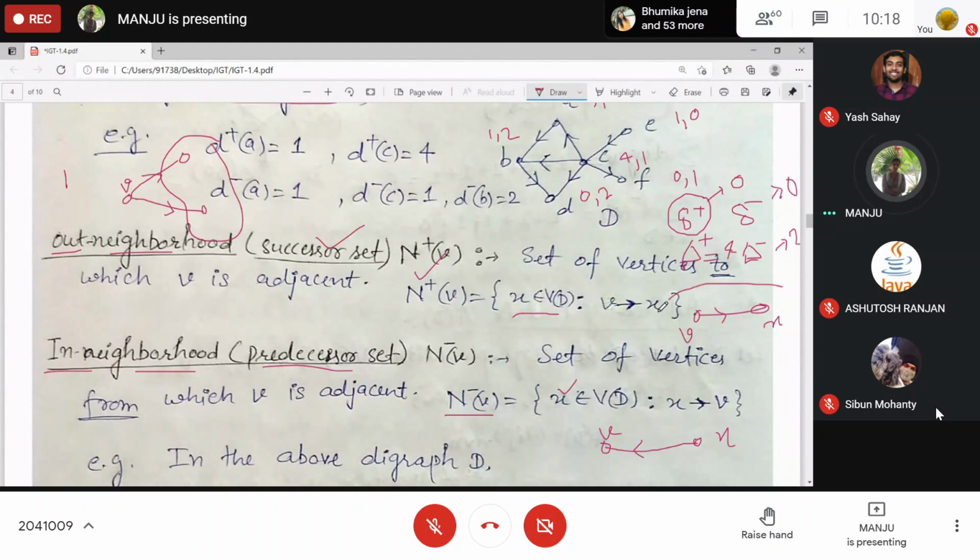This one means V is adjacent to X, X is adjacent from V, and this means V is adjacent from X or X is adjacent to V. Clear?